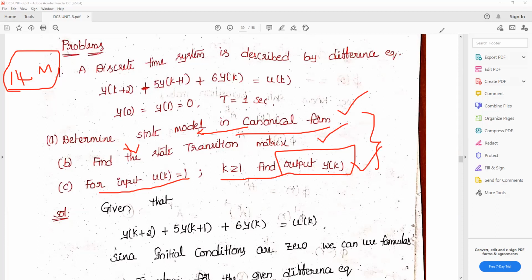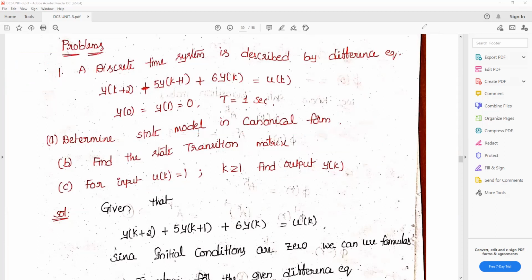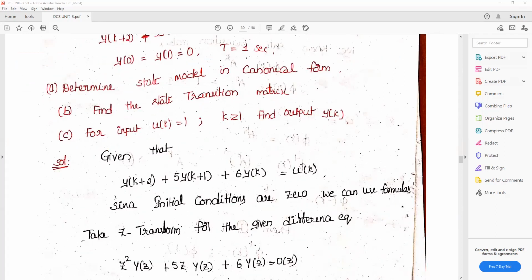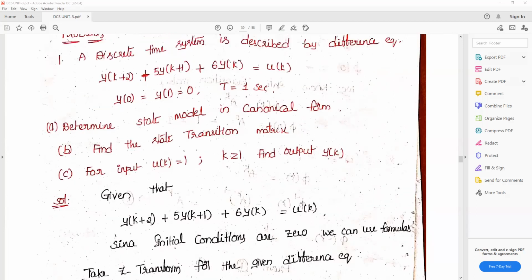So first, the given difference equation: y of k plus 2 plus 5 into y of k plus 1 plus 6 into y of k is equal to u of k. Since the initial conditions are 0, we can use the Z transform for the given difference equation. When we have a difference equation, we can calculate the canonical form.